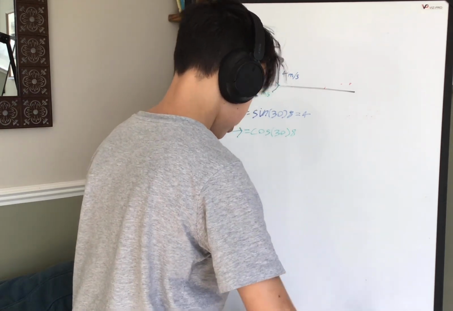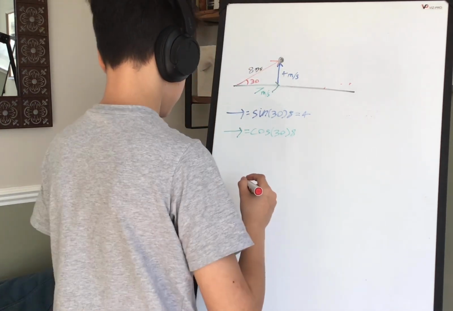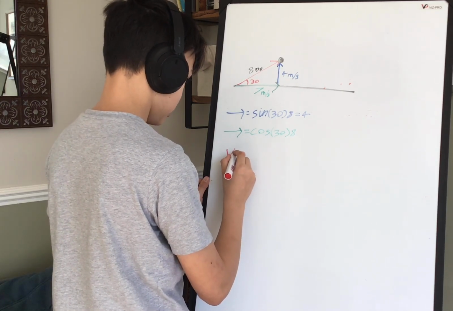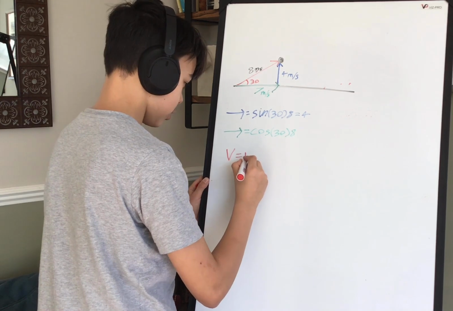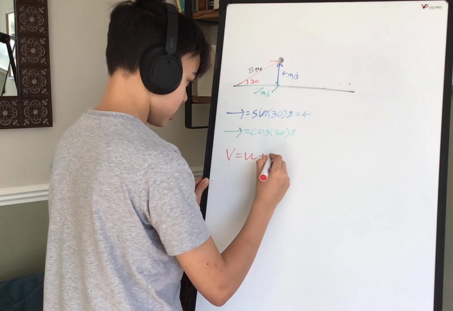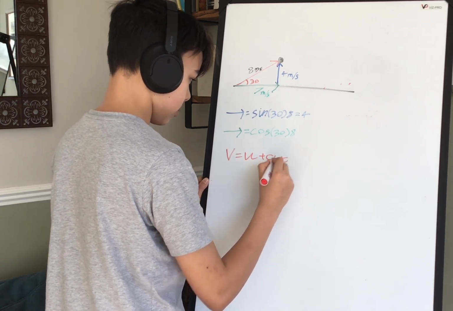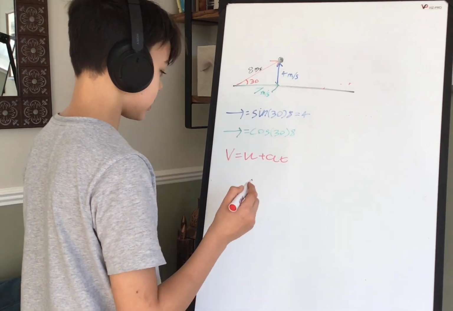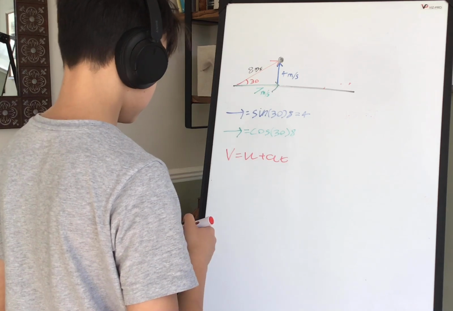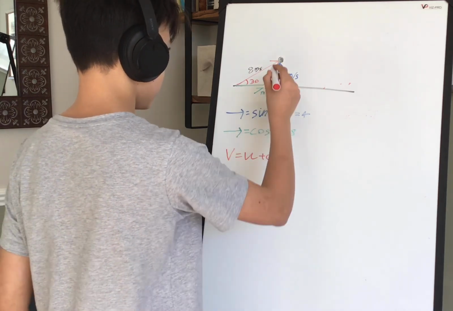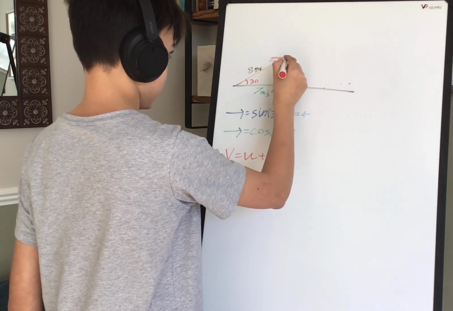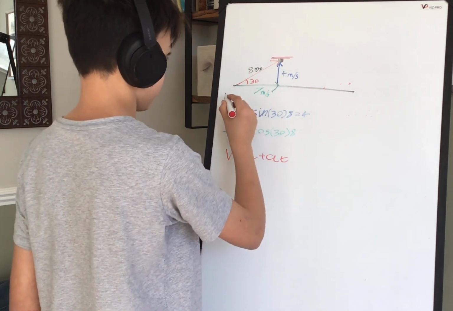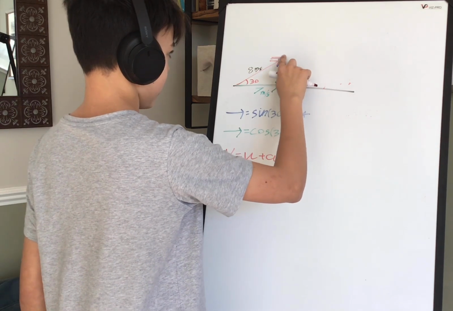So let's use one of the SUVAT equations. This one says the final velocity equals initial velocity plus acceleration times time. Well, the final velocity is going to be 0, right? What we're actually going to do is work out half of it and then times it by 2.